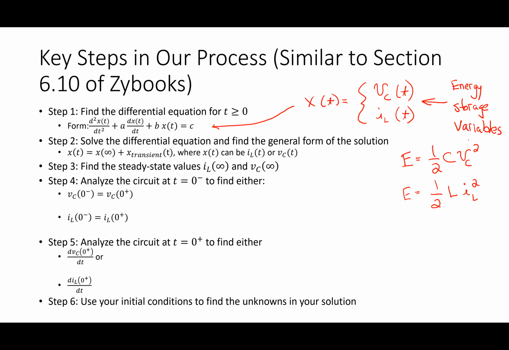Basically what we said in step 1 is we look at the circuit and we write the differential equation. This is a summary page you guys are going to get when I post these slides. Basically, we're going to have that form, where A, B, and C are constants of some sort. Now, what did I say last time about A and B? What always has to be true about A and B? They have to be positive.